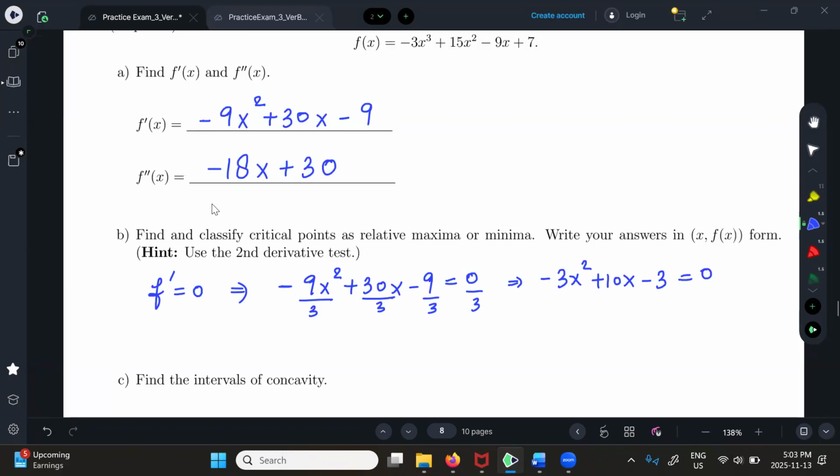Can you factor it? No, you can't. Oh, you need 9, right? So 9x plus 1x. Who said you can't factor it? You can use quadratic formula all you want. I'm gonna factor it. Okay, I like factoring.